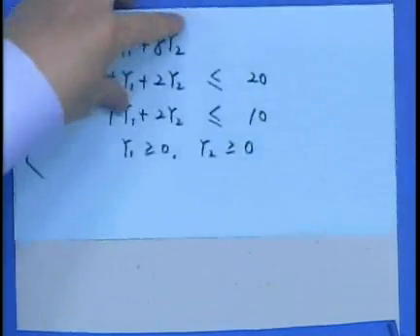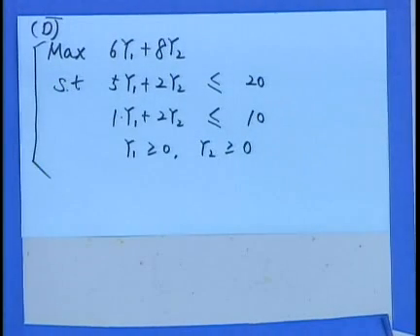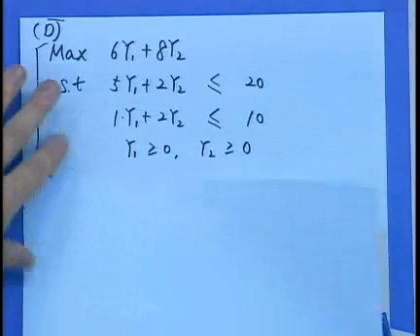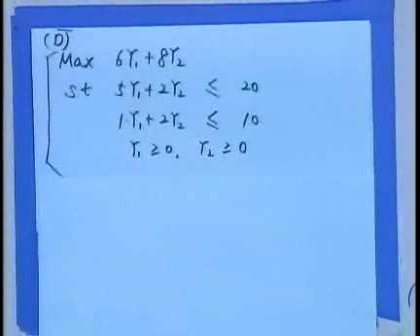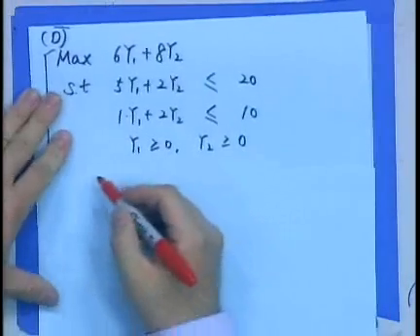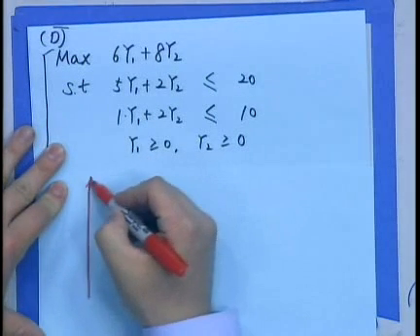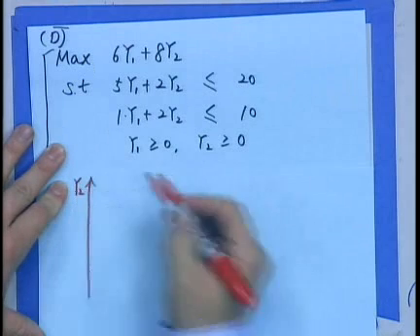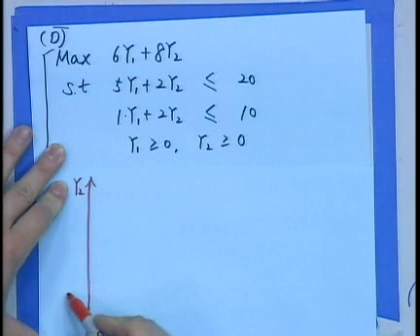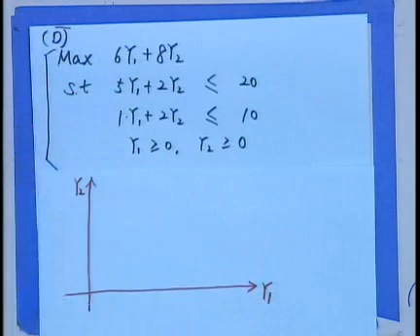Okay, now let's consider the dual problem. So in the dual problem, the vertical axis is y2 and the horizontal axis is y1, right?